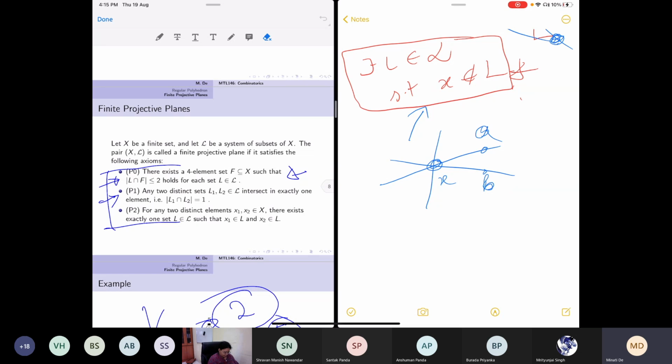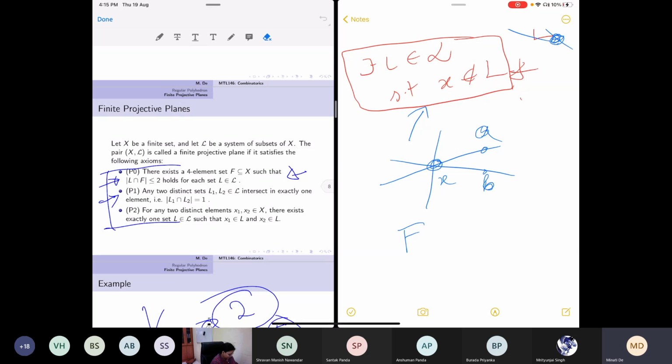Okay, so you need to utilize the property P0 for this, right? So you know that there is F. So using this property P0, can you prove that there should be one line which doesn't pass through this point X?